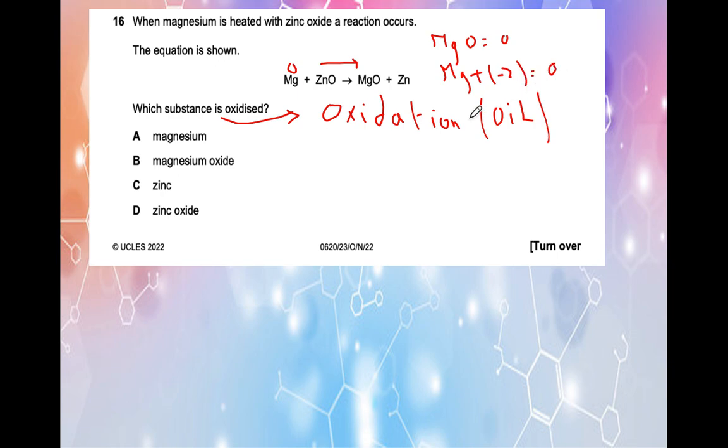So the magnesium equals +2. So we have here an increase. It started with 0, ended with +2. So oxidation process happens. So magnesium really is oxidized. So the answer is magnesium.